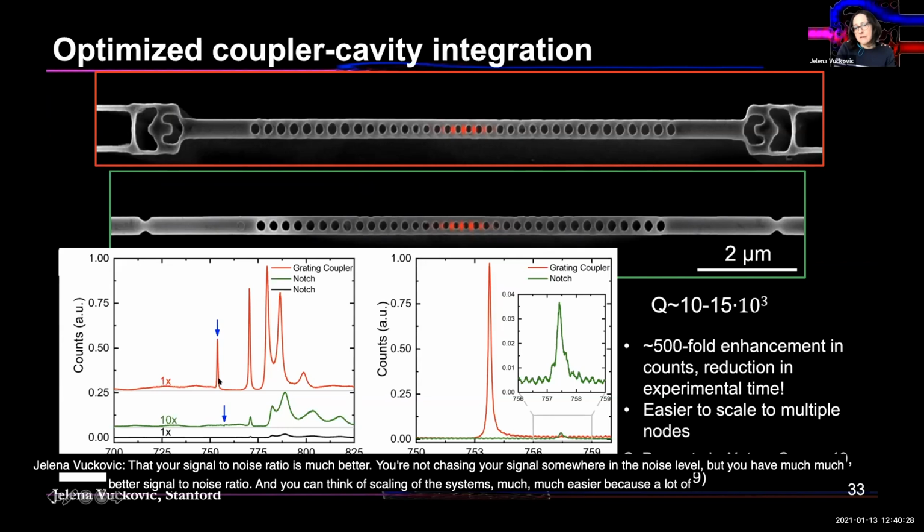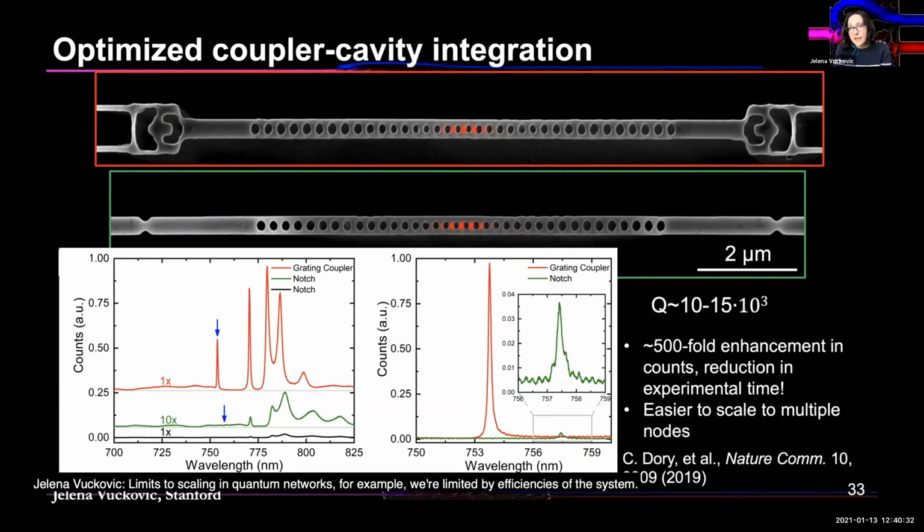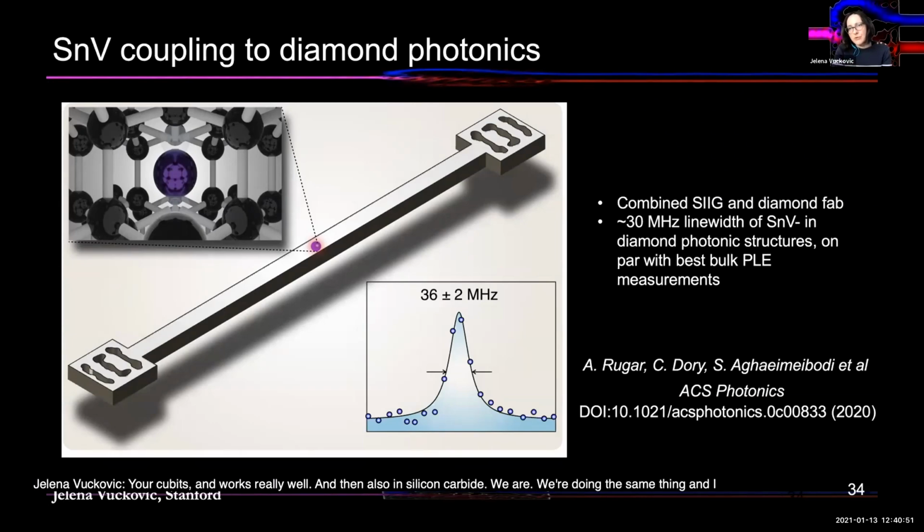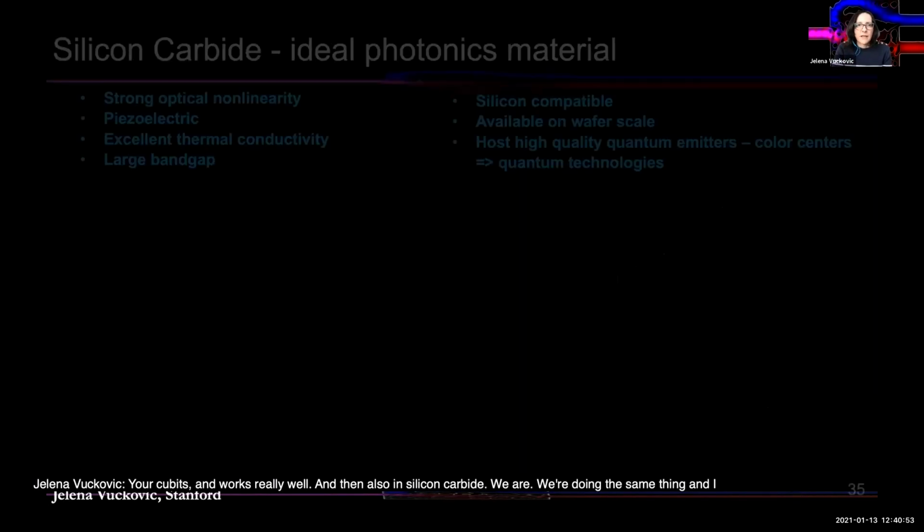And you can think of scaling these systems much easier, because a lot of limits to scaling in quantum networks, for example, were limited by efficiencies of the system. We've also shown that you can do all of that with color centers inside without degrading properties of these color centers. Color centers are our qubits, our naturally trapped atoms, and you can do inverse design photonics together with your qubits, and it all works really well.